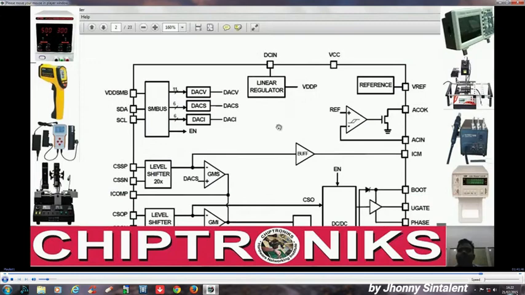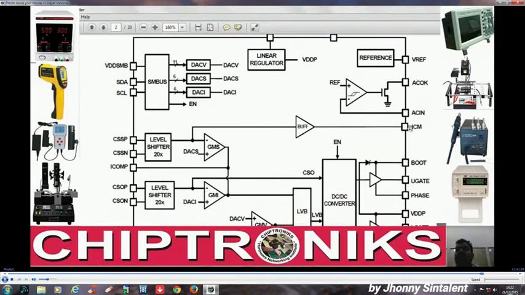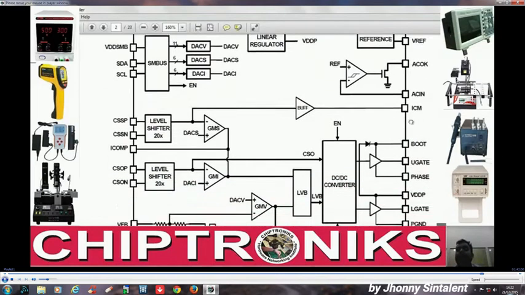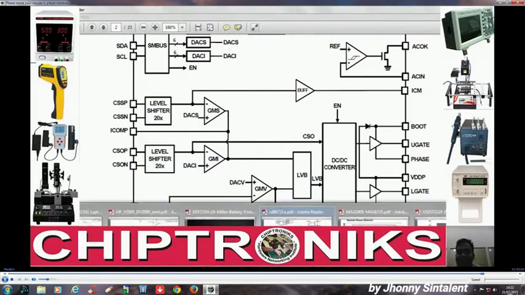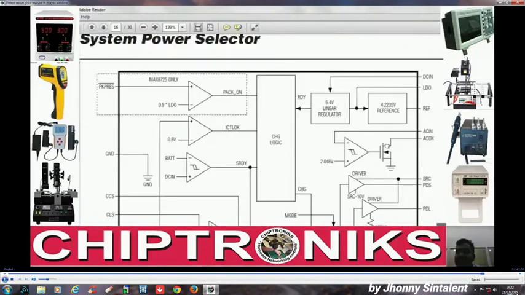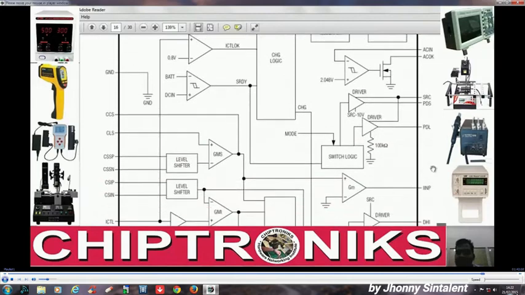Now we have to check the main outputs from this charger IC. One is the ACOK and another is ICM, that is the input current monitor. Similarly over here it is IINP. You see IINP is generated by CSSP and CSSN.